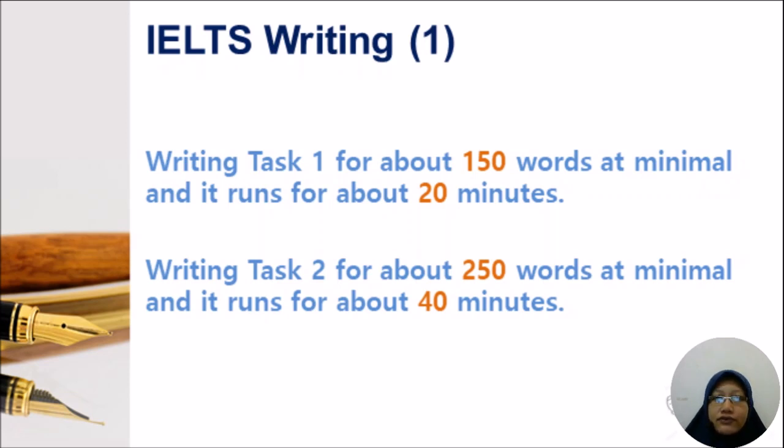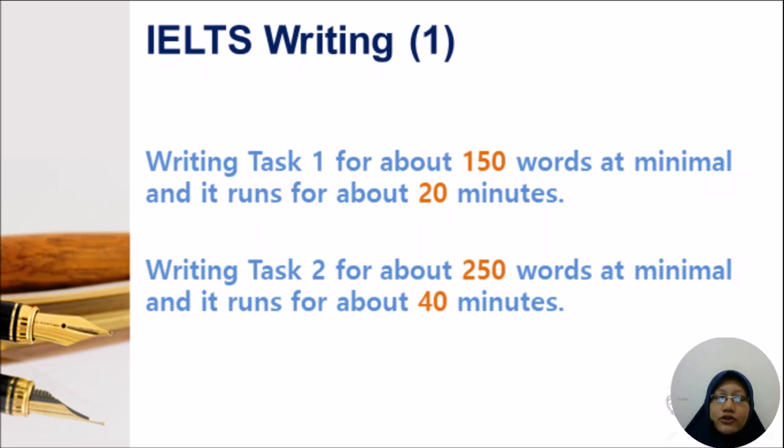For the first task, you need to write about 150 words at minimum. Okay, you can try to underline at minimum 150 words, and the given time is about 20 minutes.